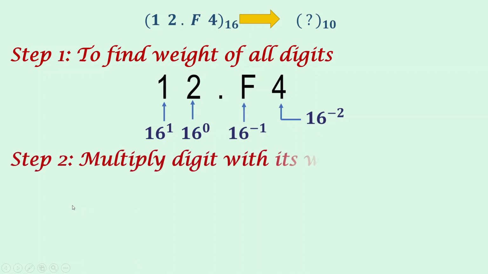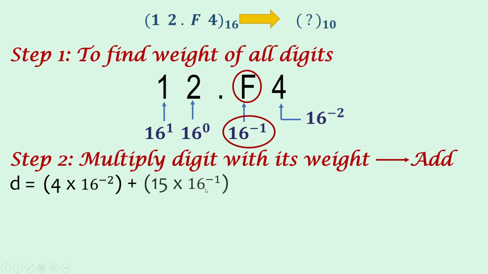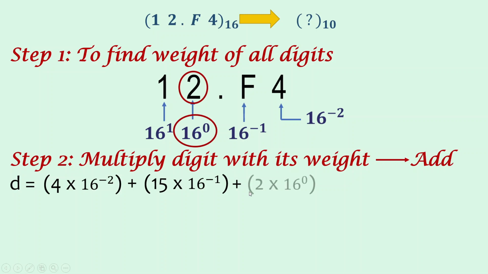Now step 2, multiply digit with its weight and add. So we have to just multiply each digit with its weight and just add. Starting from 4 into 16 raised to minus 2, that is digit and its weight. Then add F. F indicates 15, so 15 into 16 raised to minus 1, plus 2 into 16 raised to 0, and 1 into 16 raised to 1.